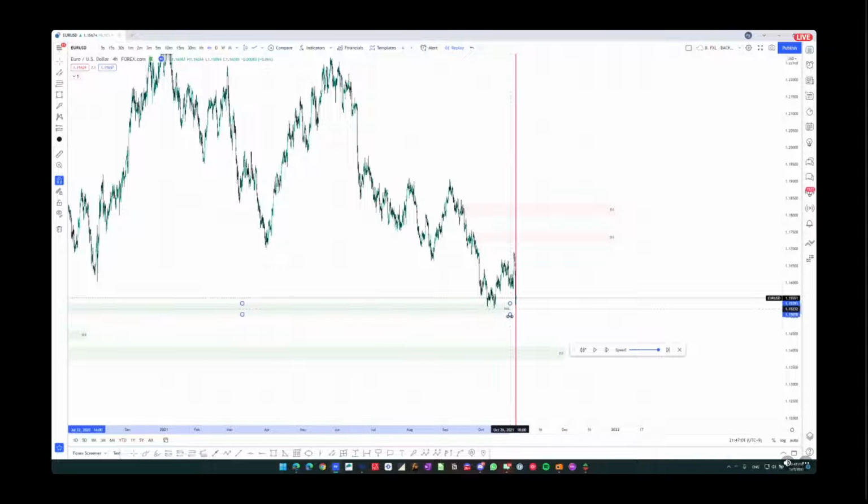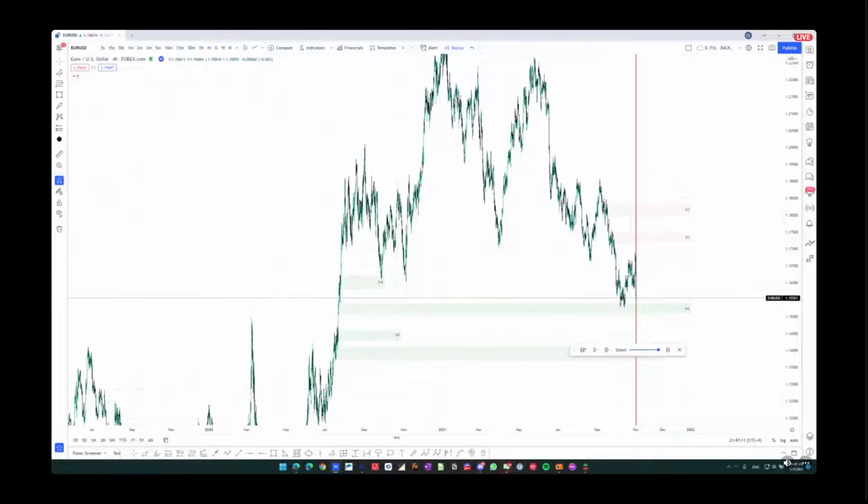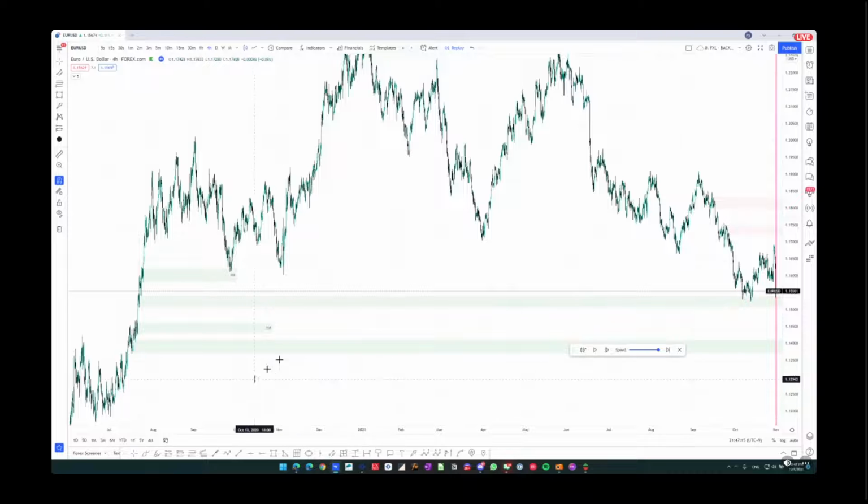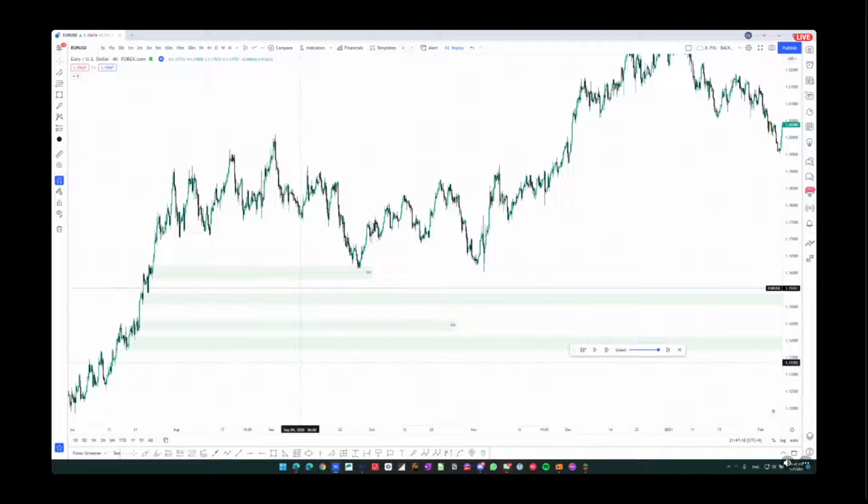Okay, so this one's been mitigated, but this is the one that wasn't mitigated to the 50%. So we know in hindsight. But anyways, let's just mark it so we can see it play out, even though we know that it's going to play out.